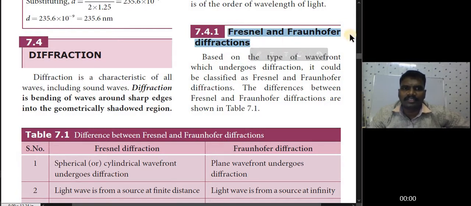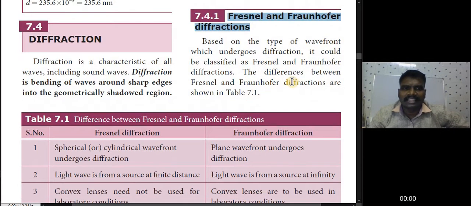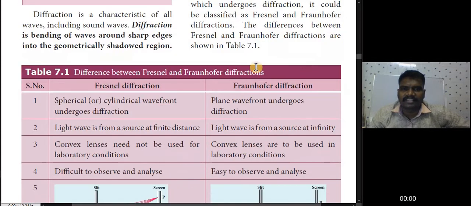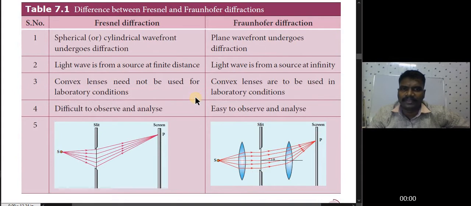The next topic is Fresnel and Fraunhofer diffraction. Based on the type of wavefront which undergoes diffraction, it could be classified as Fresnel and Fraunhofer diffraction. The difference between them, this tabulation, is a very important 2-mark question, children. Please listen carefully.